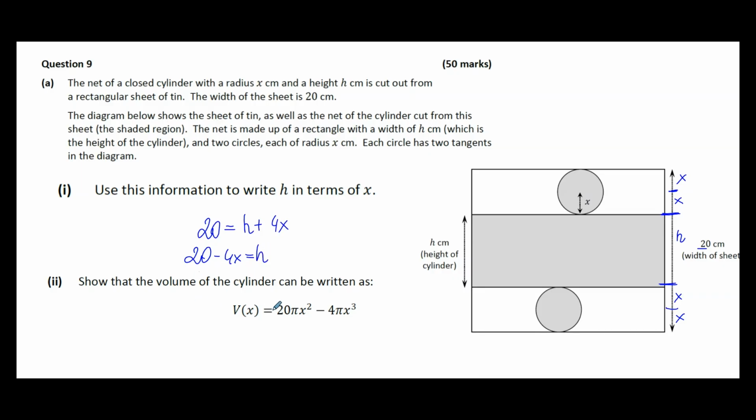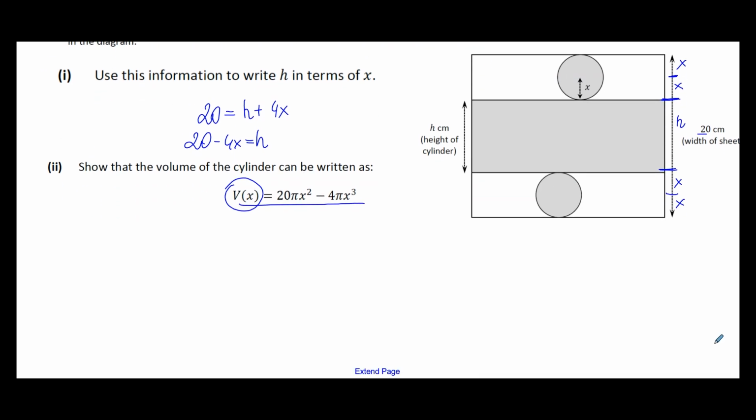And now in the next part, they are saying that the volume of the cylinder can be written in that way. And as you can see, that is a function of the volume and x. And that's the reason we needed that first step, because the volume of the cylinder is what? Pi multiplied by radius to the power of 2 and then multiplied by a height.